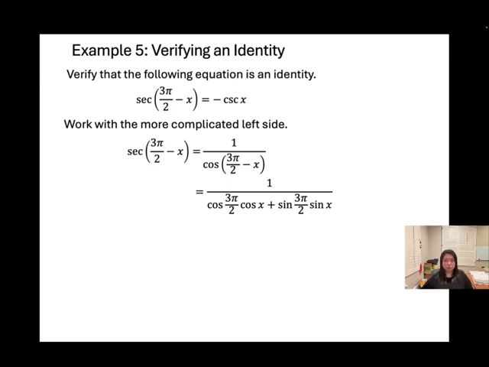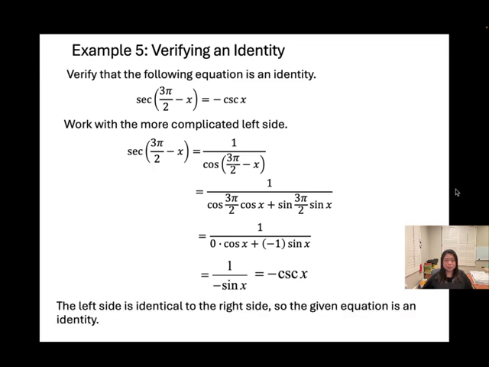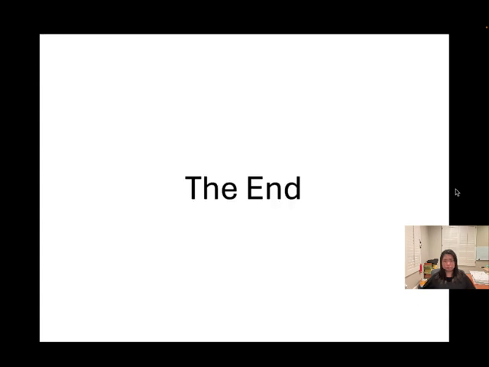That will be equal to 0, right? And sine 3 pi over 2 will be negative 1. So we should have this one here. Simplify it. 1 over sine x will be equal to cosecant x. That will be equal to your right hand side. So the given equation is an identity. That's it.